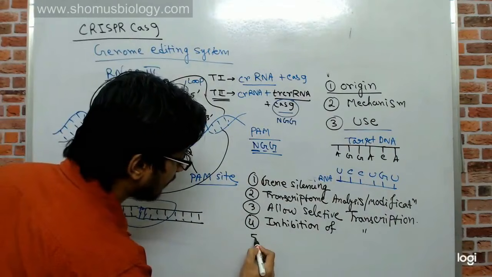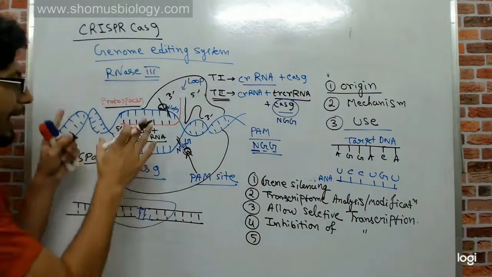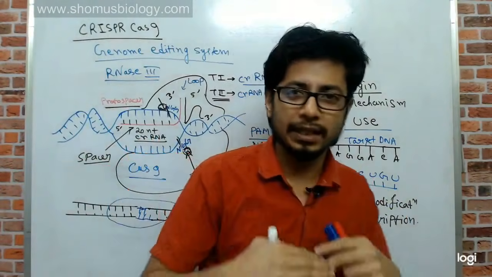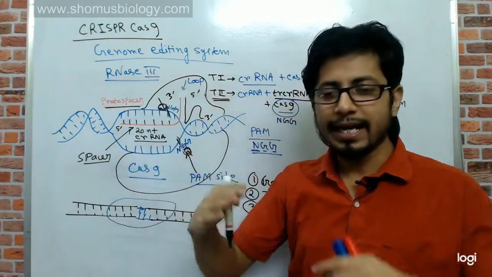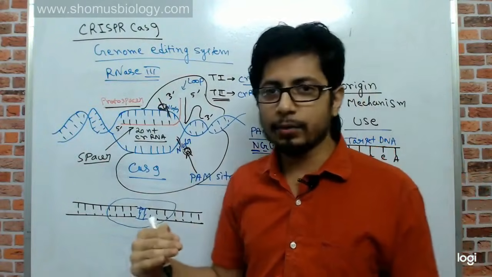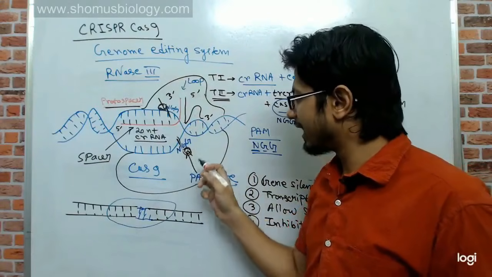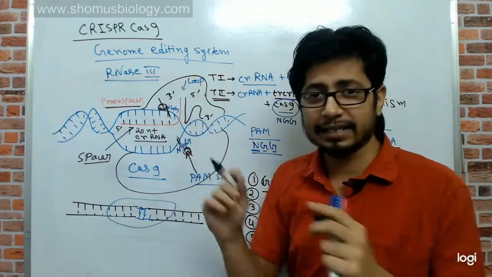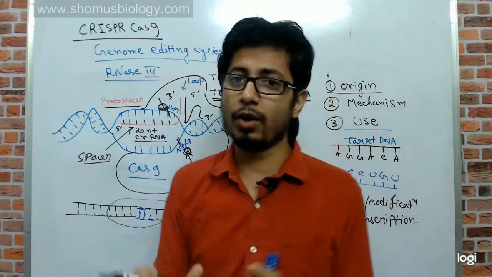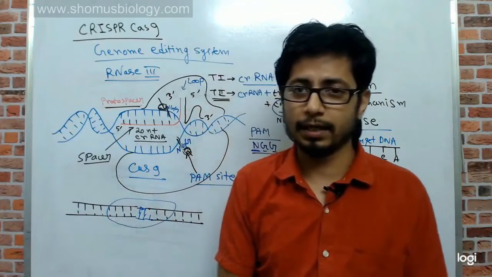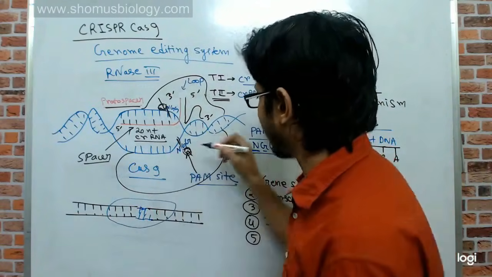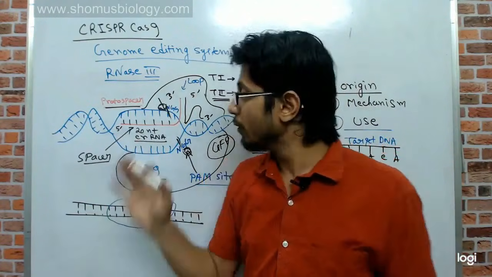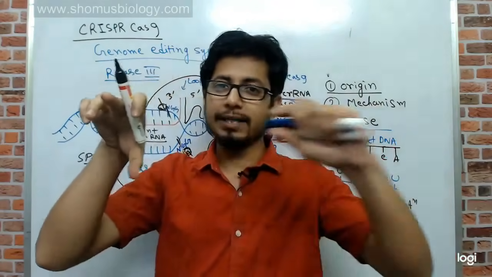One more thing that can be done, simply, this is a hybridization process, right? Because with the help of crRNA, it can interact with the target DNA, and that is a hybridization. So what we can do is simply use the CRISPR-Cas9 system, and again we are deactivating the catalytic regions of the Cas9 protein, and as a result, we simply tag it with GFP or green fluorescent protein or any sort of fluorescent tag, because it has a protein and a template of RNA.